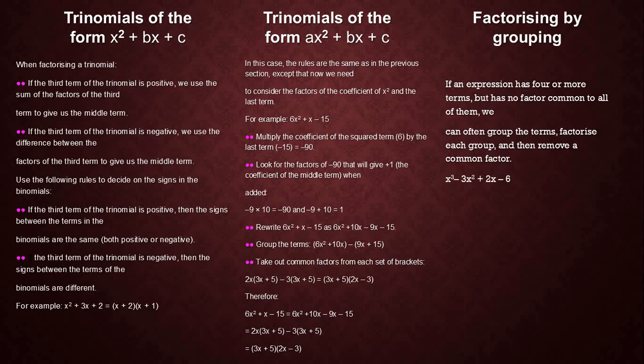What do I mean by this? This is where it gets very interesting and very difficult for many students. Imagine having an expression x to the power of 3 minus 3x to the power of 2 plus 2x minus 6. This is a very complex expression when it comes to factorizing, but you can factorize it by grouping.